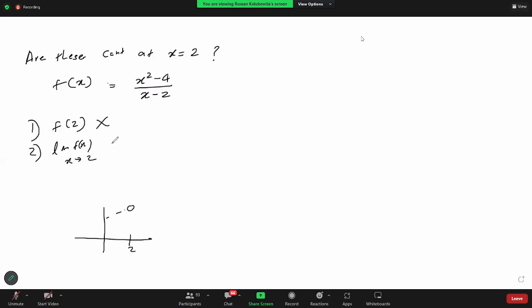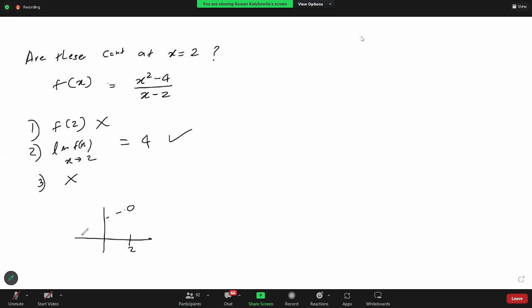Can you tell me the value? Factor x squared minus 4 as (x minus 2)(x plus 2); after canceling x minus 2, x plus 2 remains. When we apply 2, that means 4. Yes, the value is 4. This one is correct. And the third one, obviously, is false, right?